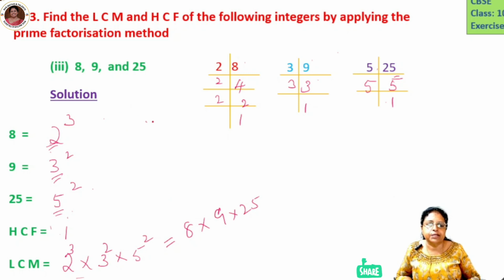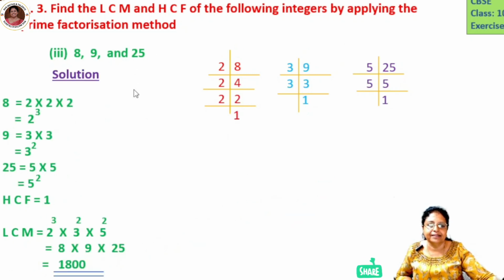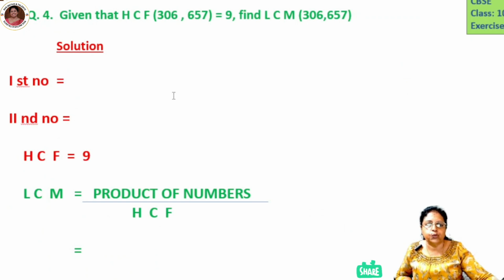There are no common factors here, so we are getting LCM as the product of these 3 numbers. If you find the product of these numbers, you will get 1800. Okay. So that is the LCM. It is done here. HCF is 1 and the LCM is 1800. Then come to the next one.